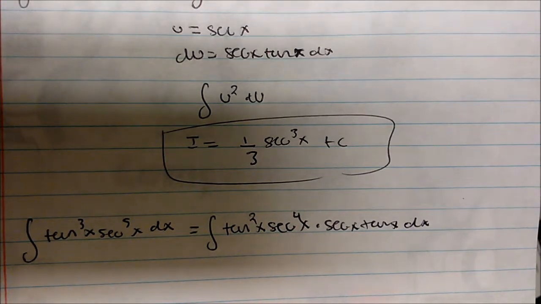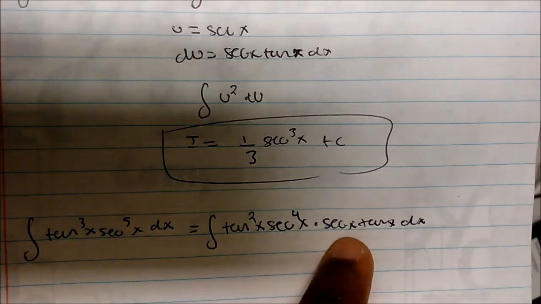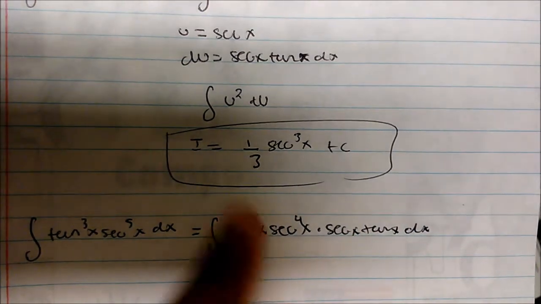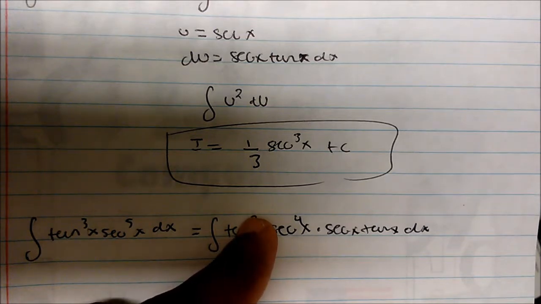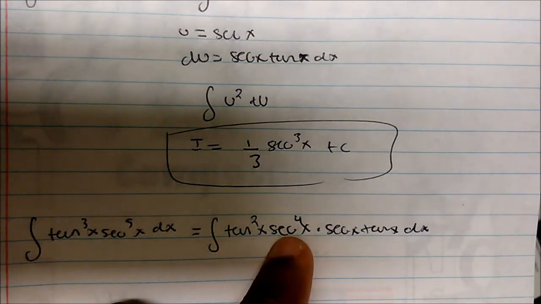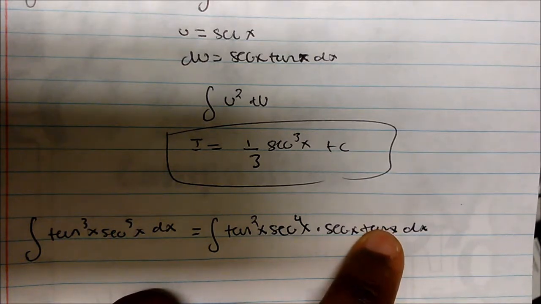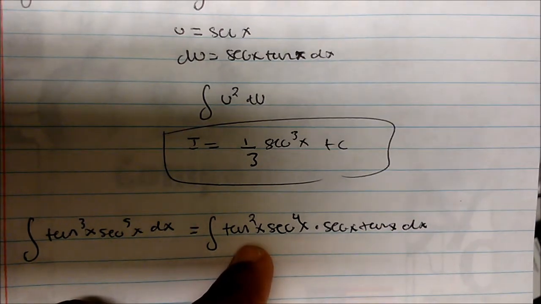Okay, now what it looks to me is I have the derivative of secant of x, and I don't need tangent anymore. I just need a simple u. So I'm looking at this point at u substitution. If I set u to be secant of x, well, I have secant of x tangent of x, which is a derivative, but I don't have tangent squared of x.